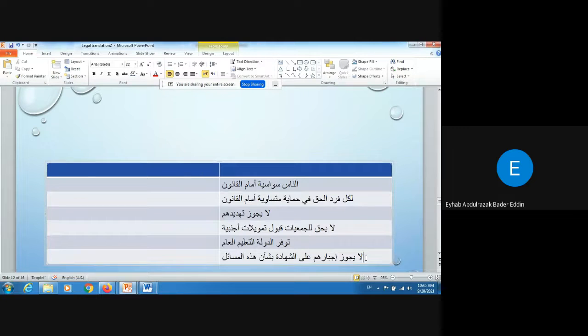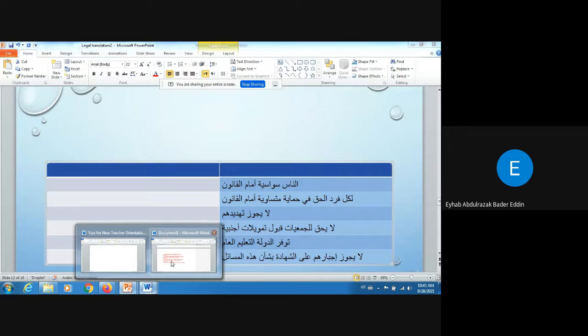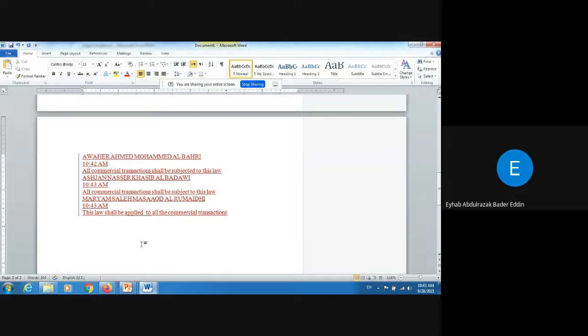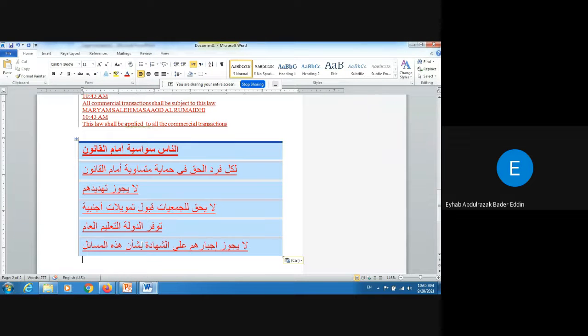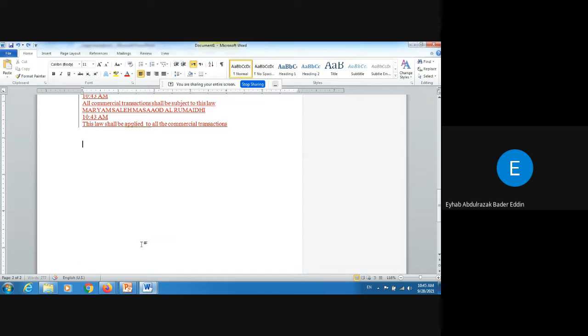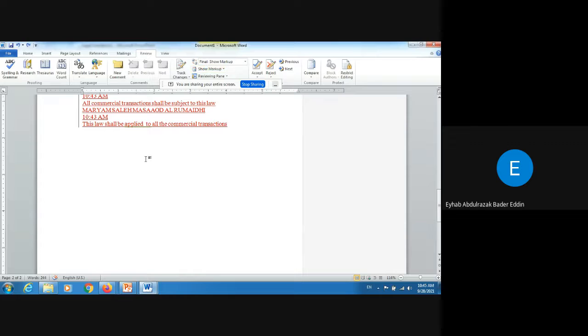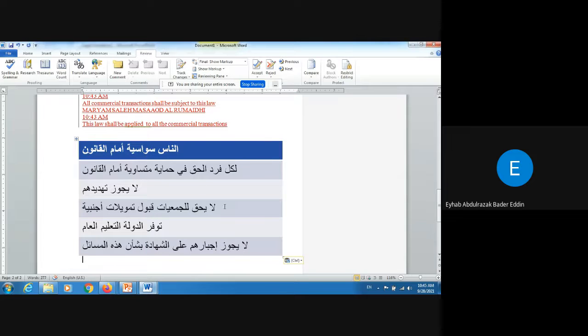We have more exercises here. So we now have six more sentences in addition to the first one in the first slide with which we started today.